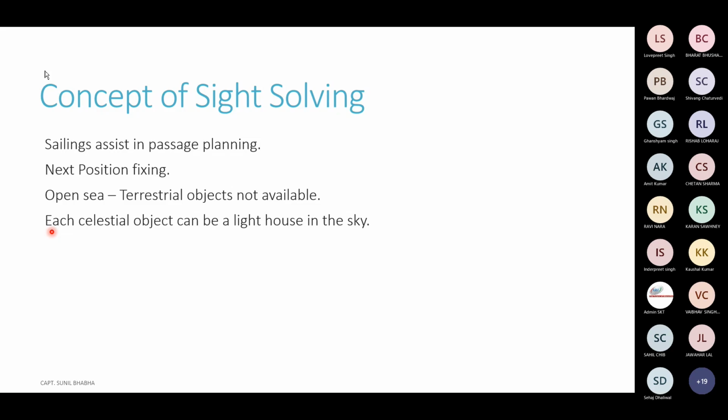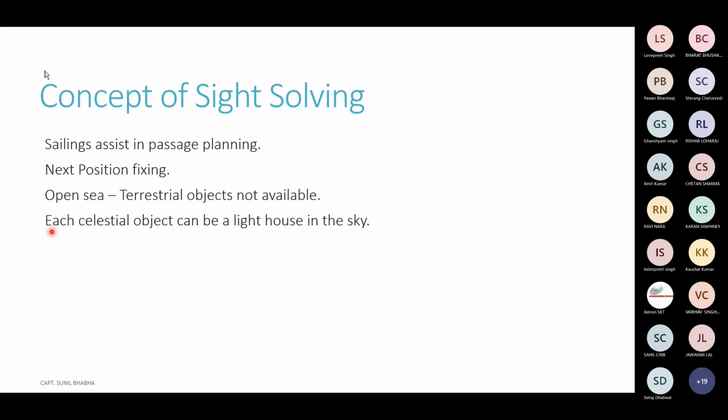Exactly as a lighthouse on land gave us a position line, we were able to plot that position line, combine it with another position line or a position circle, and fix up the position of the ship. Exactly in the same way, all these celestial objects can provide us with position lines or position circles.